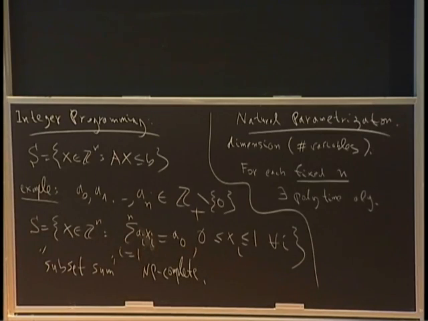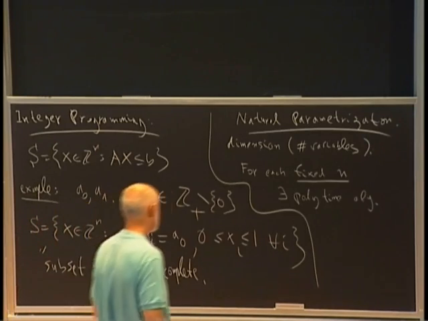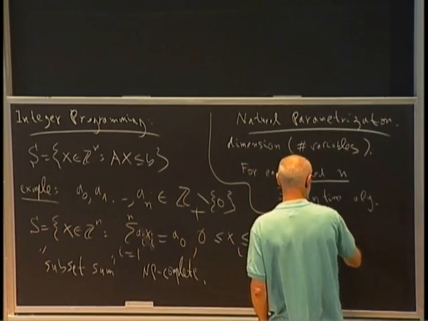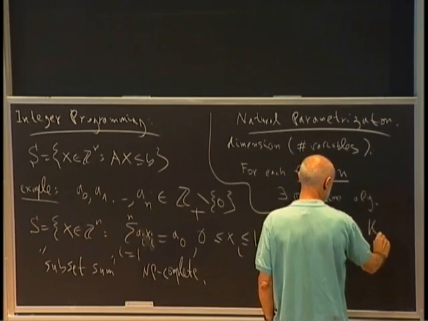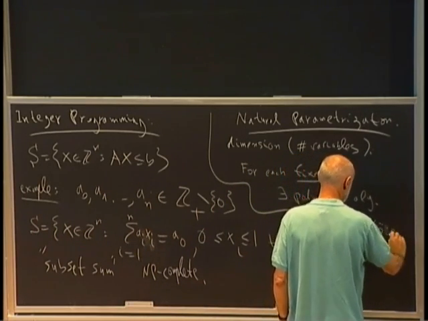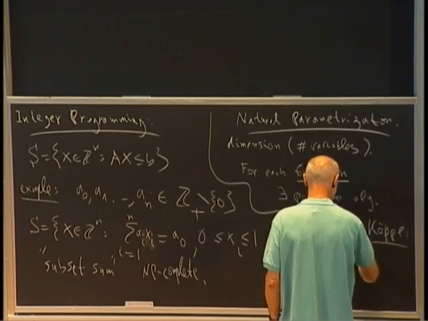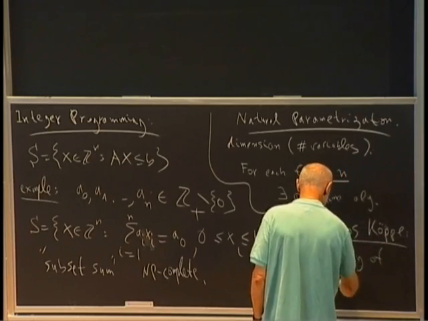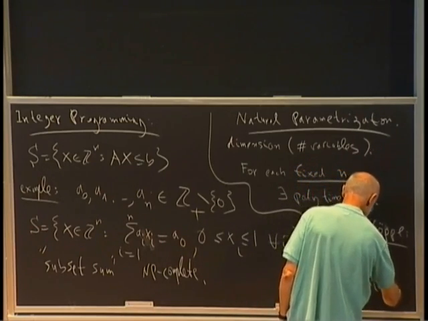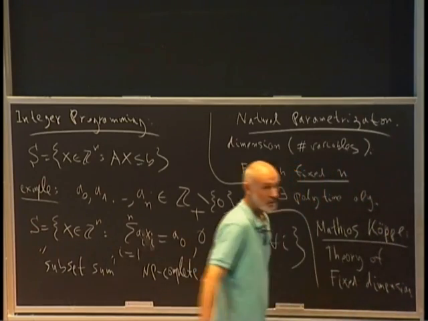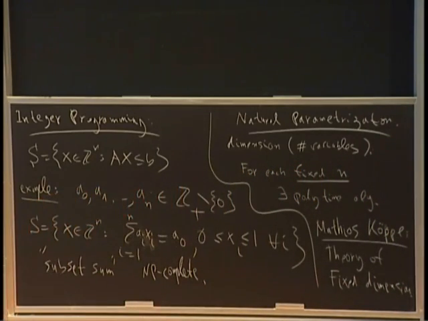Matthias is going to develop the theory of fixed dimension. And I'm going to talk about variable dimension. So my lectures and my monograph deal entirely with variable dimension. And we'll see that we can still solve many problems in polynomial time.